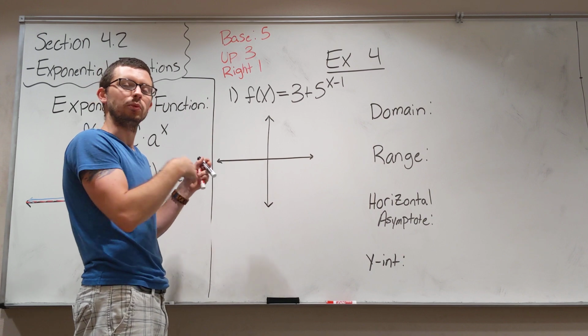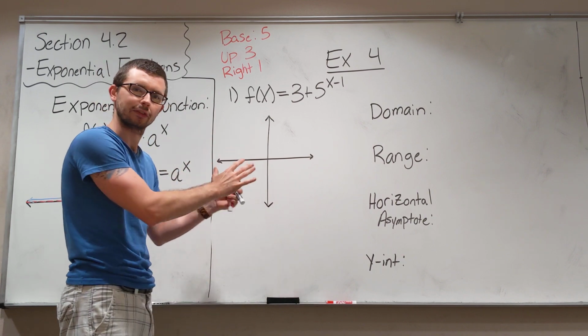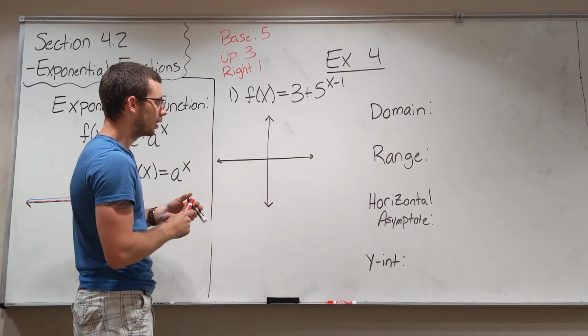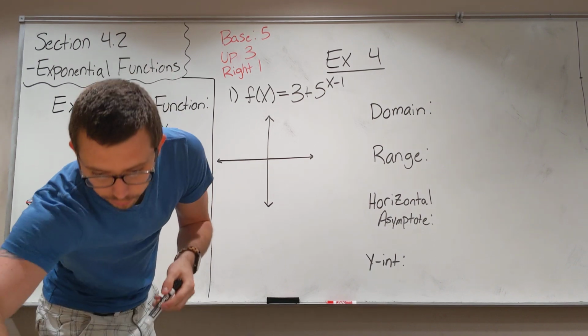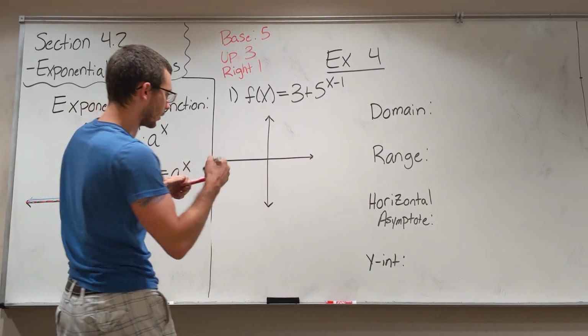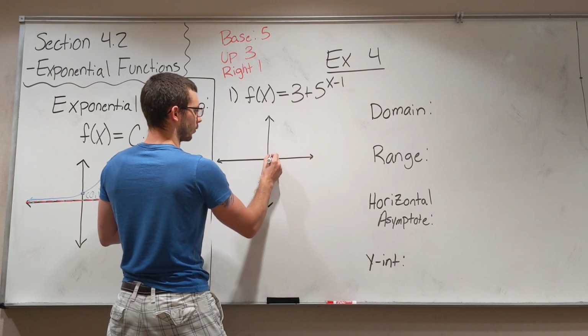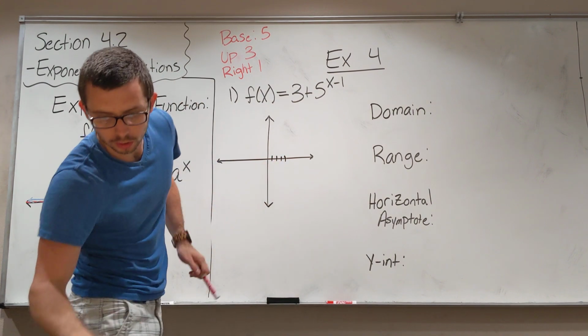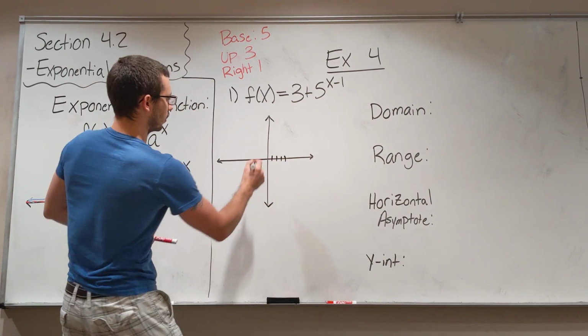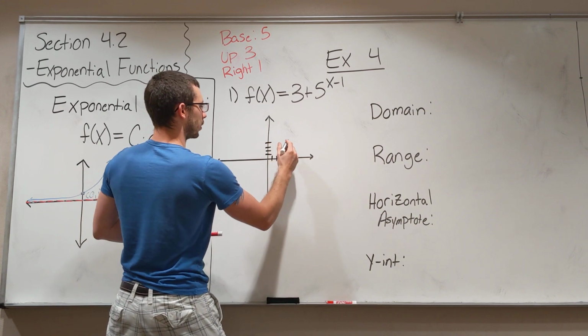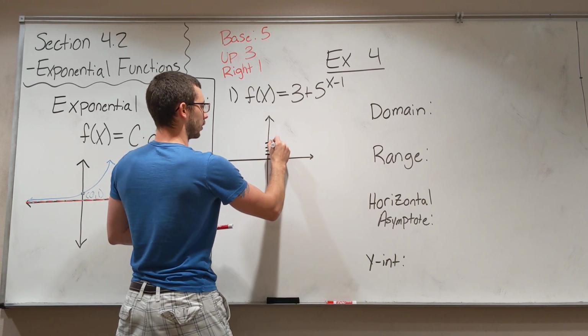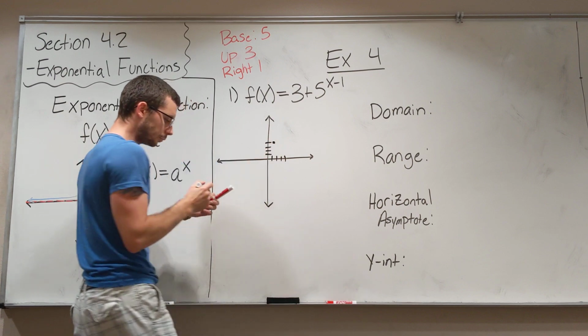You won't need to know how to generate this for the homework. However, I do have it written out here. So I think it's 1, 2, 3, 4. 1, 2, 3, 4.